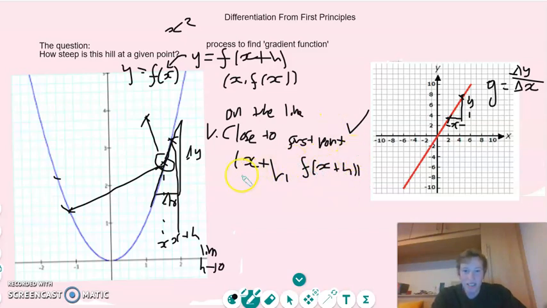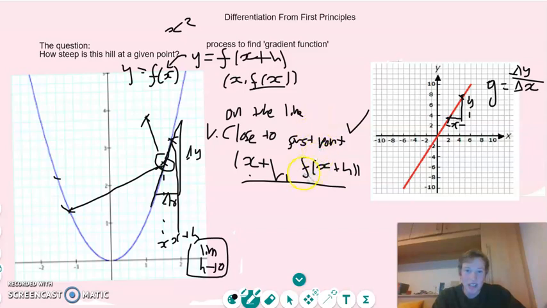And now we've got 2 points, which is great, so we can define our line. Again, our second point is very, very close to the first point because the first point is x and the second point is x plus h, but h is super duper tiny, and I've told the maths that by saying lim h tends to 0, which means h is basically just 0.